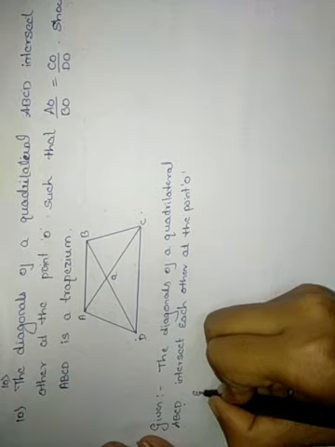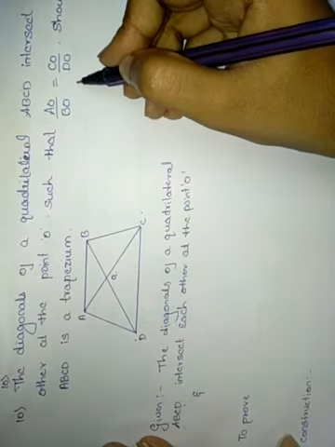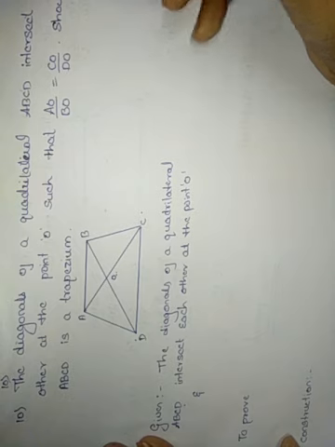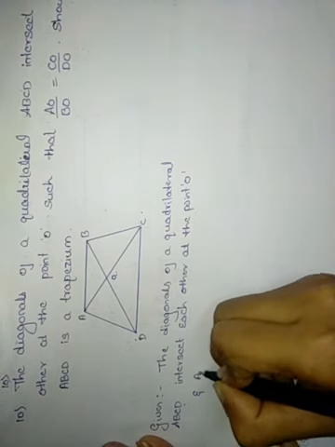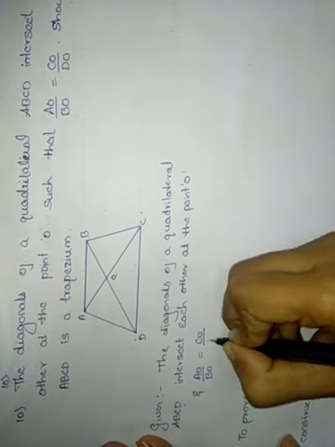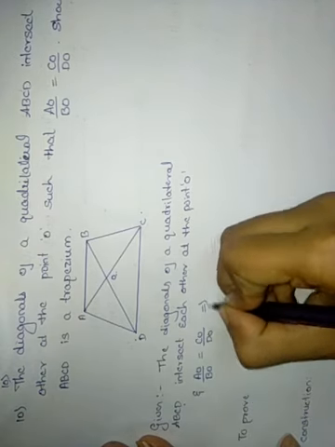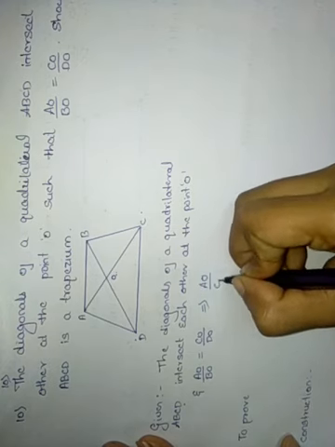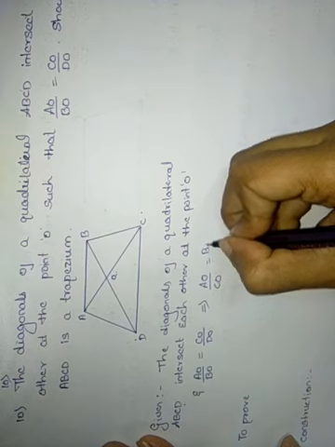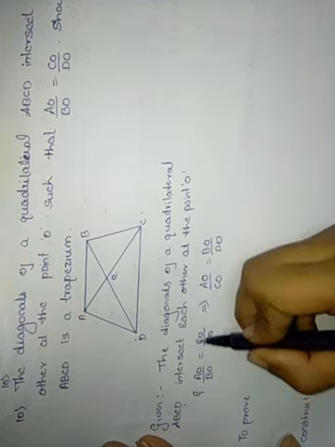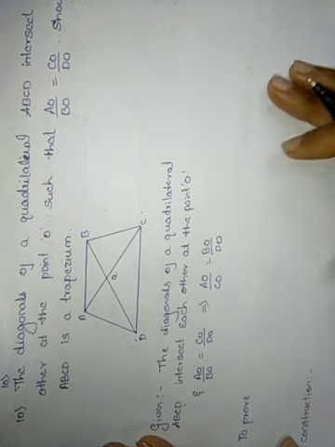And also they have given the condition here that the sides of the triangles are in the same ratio. AO divided by BO is equal to CO divided by DO. And also we can write it as AO divided by CO is equal to BO divided by DO, by taking the cross multiplication of only this side, right?